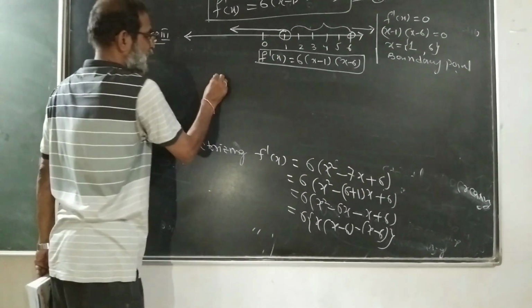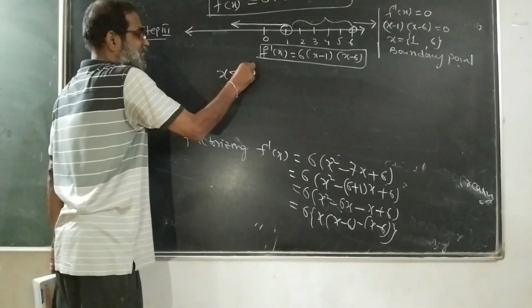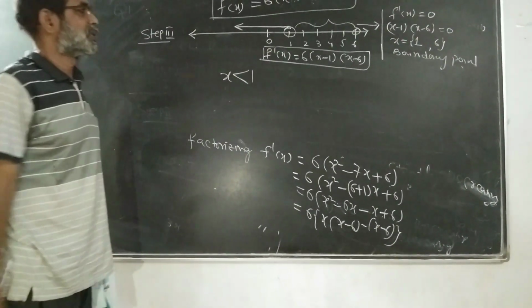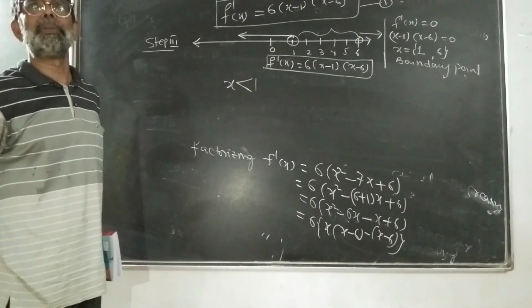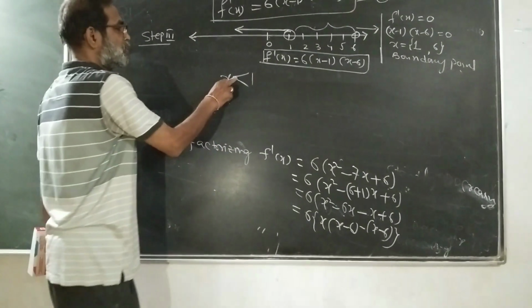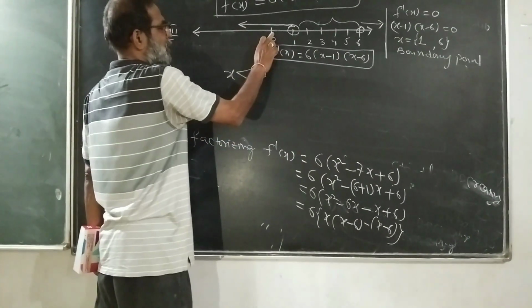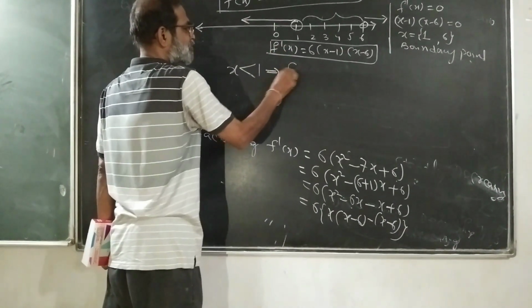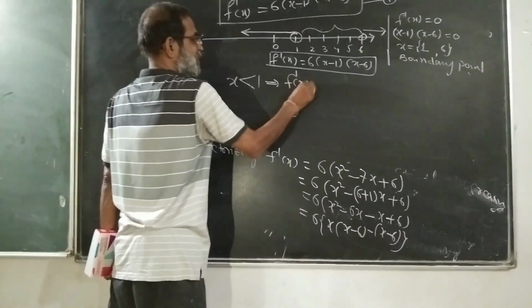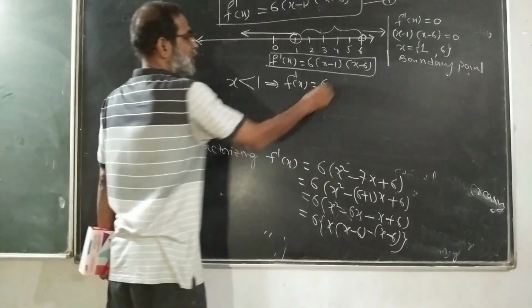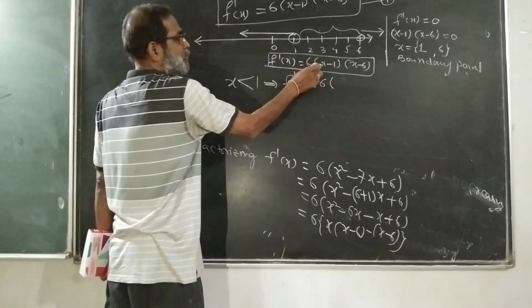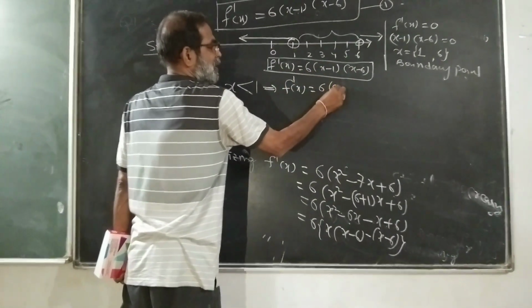Let us see how the function will behave. I said x less than 1 strictly, so when strictly, no equal to sign is needed. So less than 1, you put any point in f dash x. Here you see this is a positive number. Suppose I put 0. 0 minus 1, 0 minus 6.